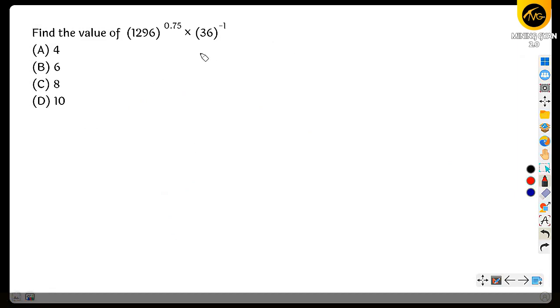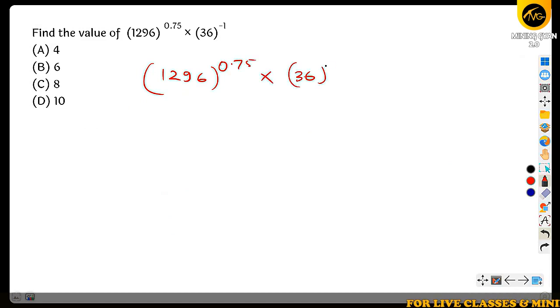Okay. How can we solve that? 1296 power 0.75, right? Multiply 36 power minus 1.